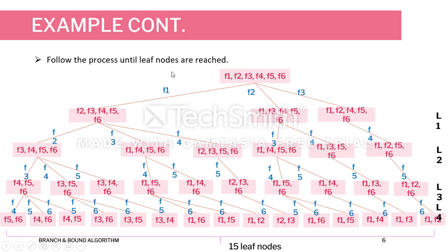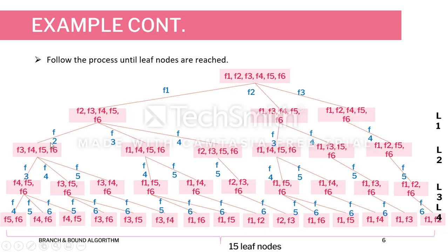You have to follow the process until leaf nodes are reached. This is the level 1 I showed in the previous slide. Again from those child nodes, I have to remove one feature and create these child nodes. So this level 2 is created.